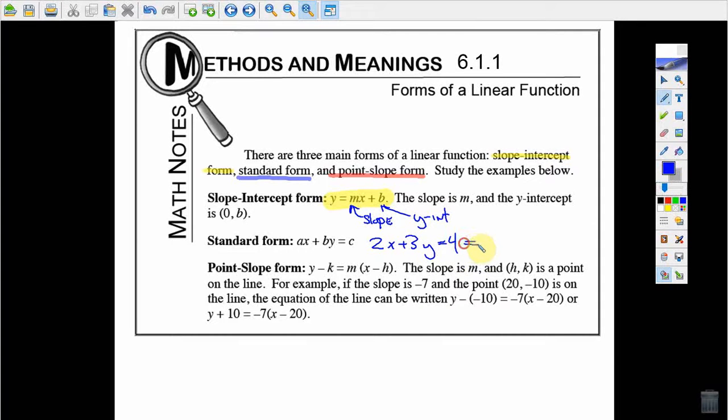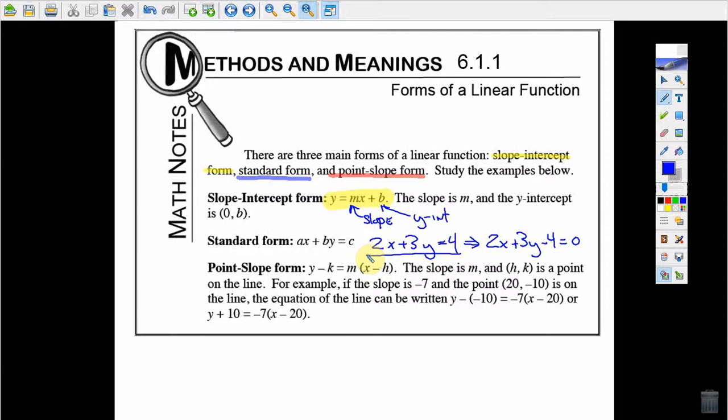Some books will also subtract the 4 from both sides and give you something like this, and make it equal 0 for standard form. This book has it equal to the constant rather than equal to 0, but they're sometimes both considered standard form.